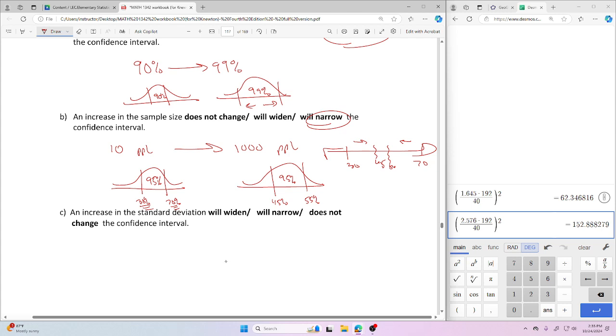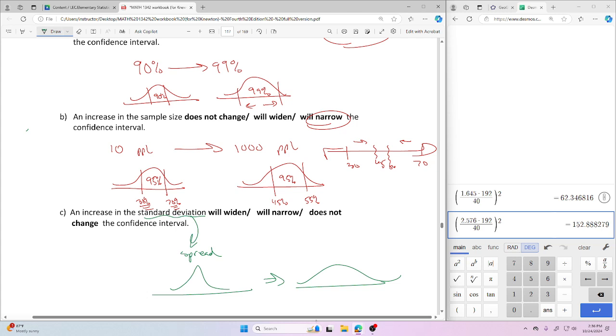An increase in the standard deviation. If you remember another term for this, and I saw a lot of the other classes doing this recently, another word for this is spread, right? So I'm increasing the spread. Let's start with something more tight, and then I'm going to something a lot more loose.